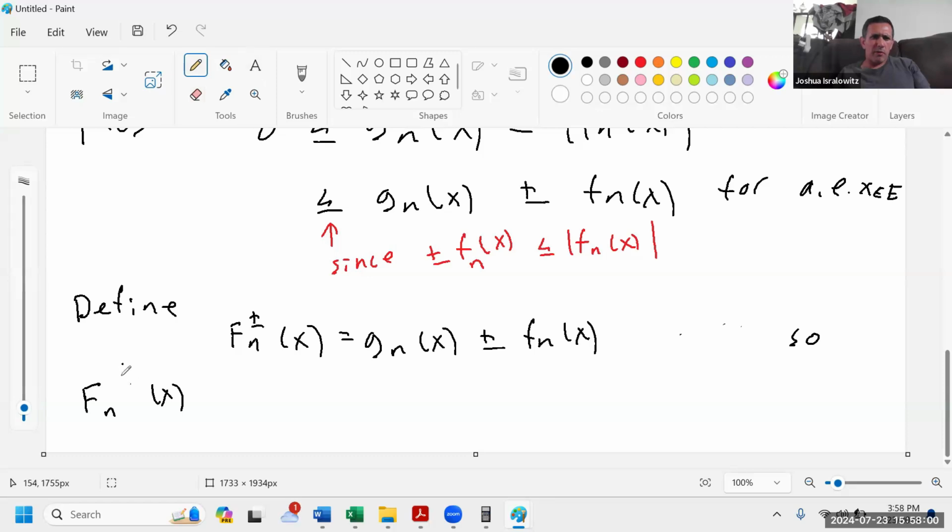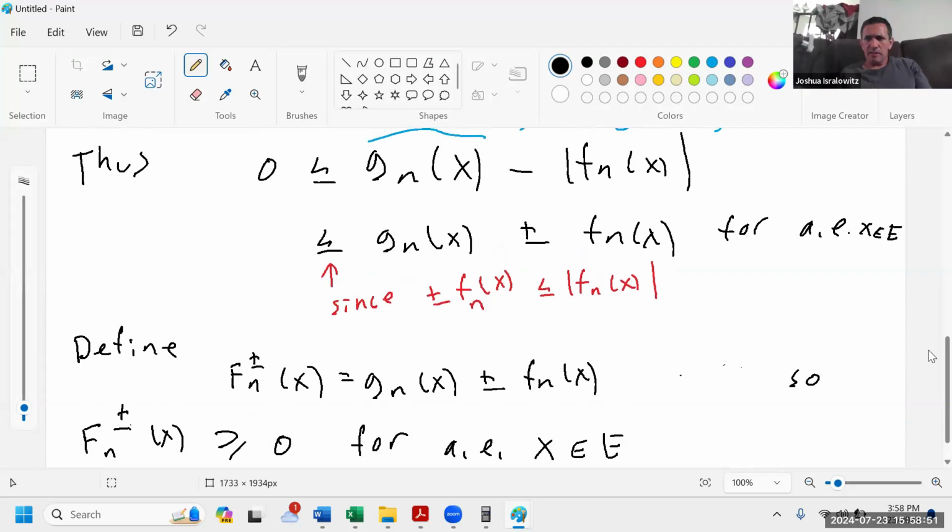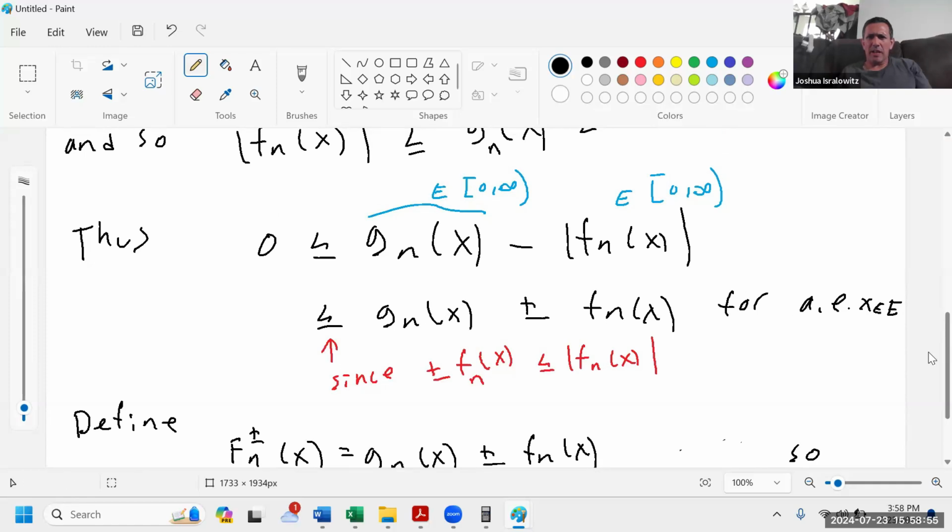The point here, and I really don't want to harp on this too much, and we don't want you to harp on it too much on the prelim either, is that we just want to see that you're aware of this phenomenon. Technically this is not defined on all of E, because you could have infinity minus infinity going on, but for almost every x in E this makes sense, because of this here, and it's non-negative.